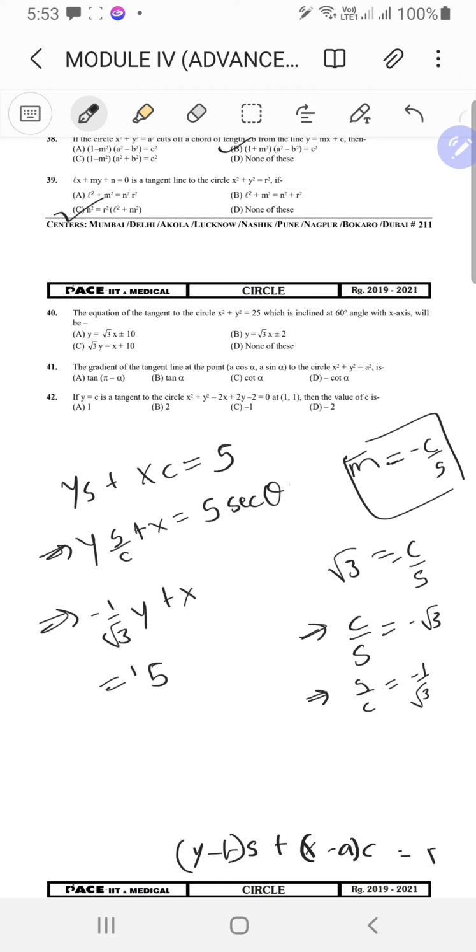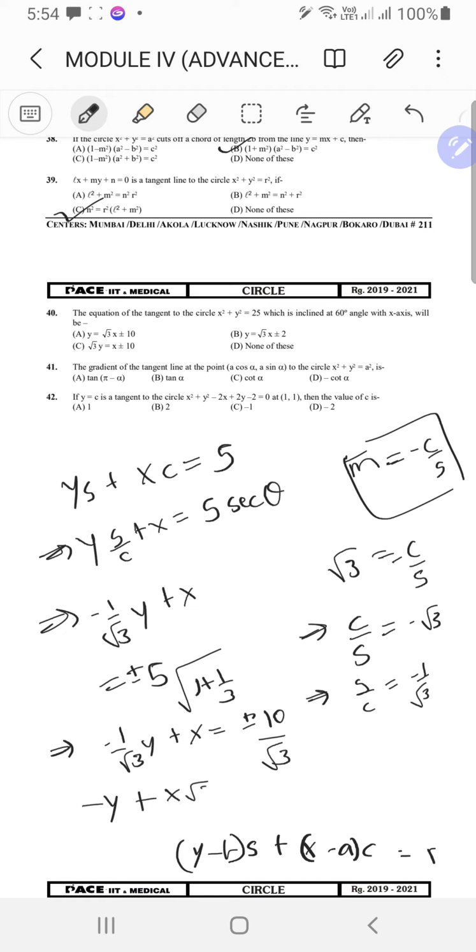And sec theta is plus minus the square root of 1 plus tan squared, so 1 plus 1 by 3, which is 4 by 3. So minus 1 by square root 3 y plus x equals plus minus 10 upon square root of 3. Multiplying by square root 3, that should be minus y plus x square root 3 equal to plus minus 10, which means y is x square root 3 plus minus 10. Yep, that should be the equation.